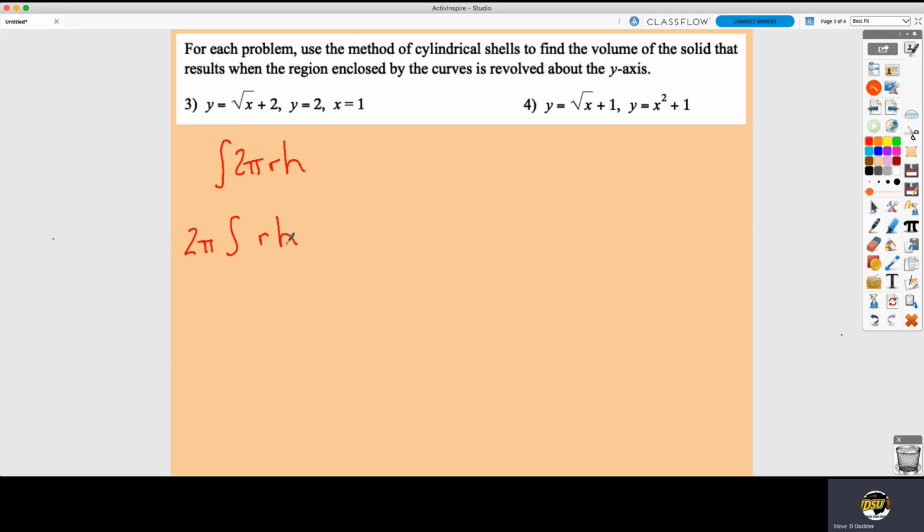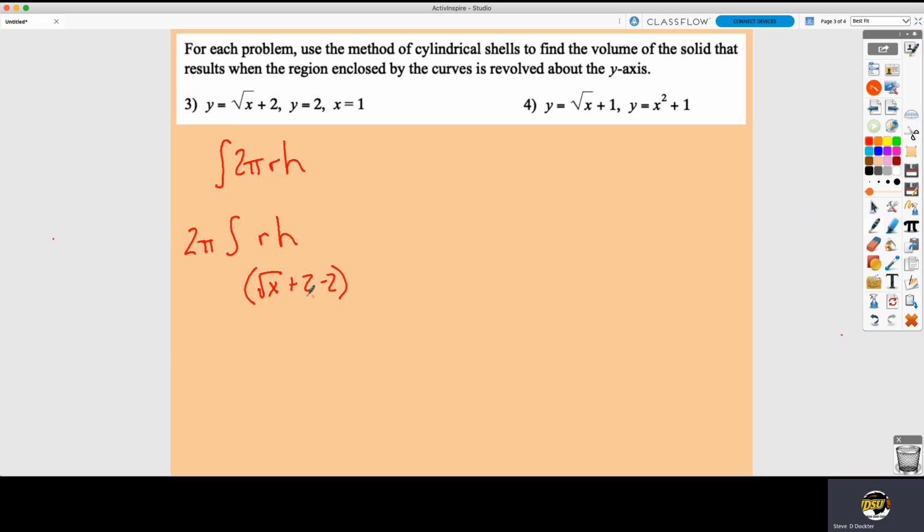All right, now, how did we find our r before? Yeah, we subtracted these two. Okay, so that part stays the same. To find our r, we're going to take the first one minus the second one.